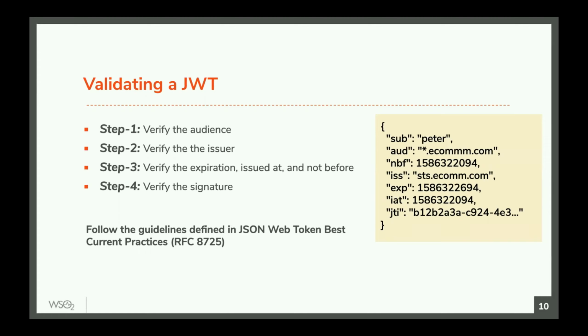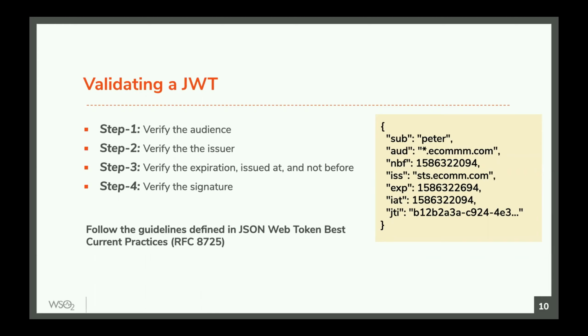It should be in the future. Then after that, you can verify the signature. Now to verify the signature, you can find out the metadata related to the signature from the header, like the signature algorithm and those stuff. After that, you need to know the public key corresponding to the signature, right?